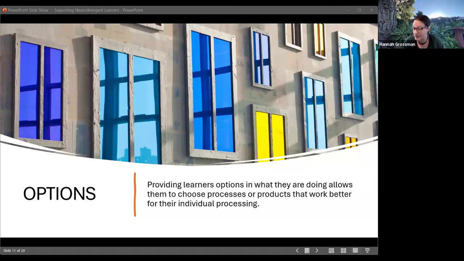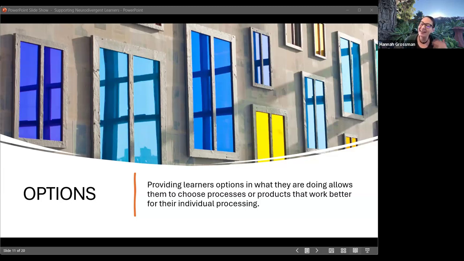That's a privacy thing for many of them. Two, many of your learners might not even know about their neurodivergence, as it may not have been identified in their worlds. What you can do is provide them agency in their own learning by giving them options to choose processes or products that work better for their individual processing.